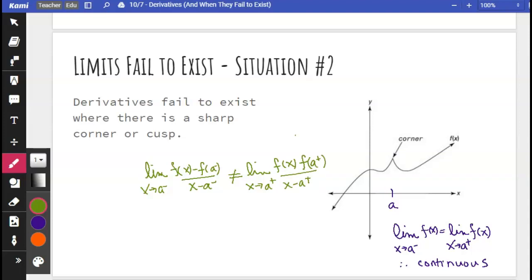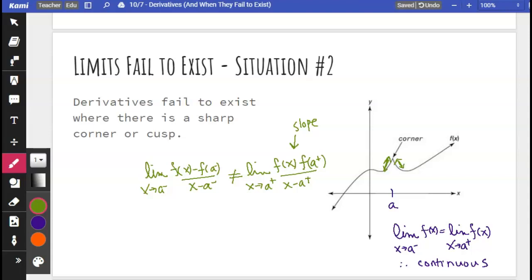So our limit, which of course we know is our slopes, if you take a look at this, it's kind of obvious that the slope of this line is going to be a very sharp, steep, positive slope, whereas the slope of this line is going to be an equally steep negative value.